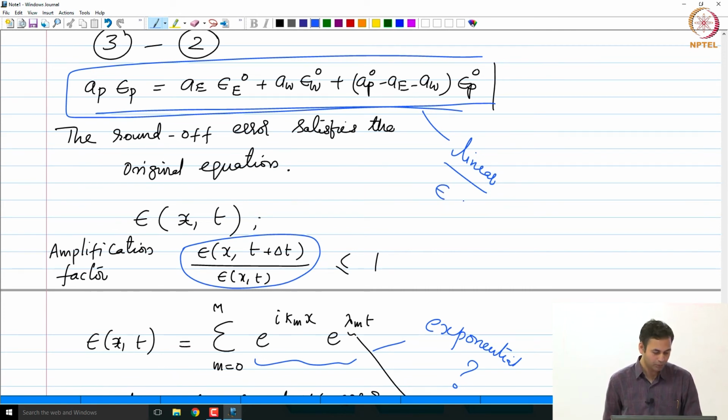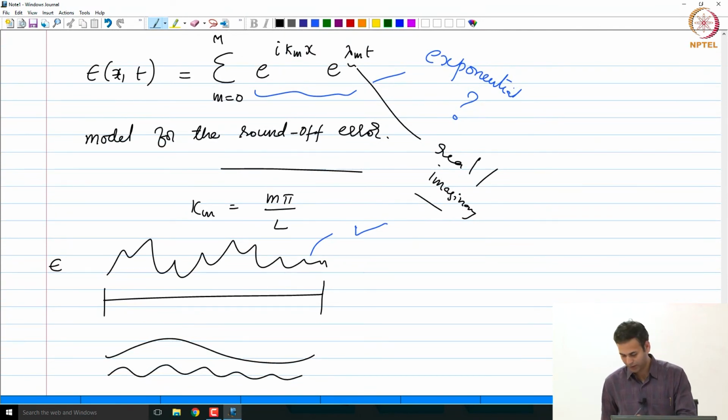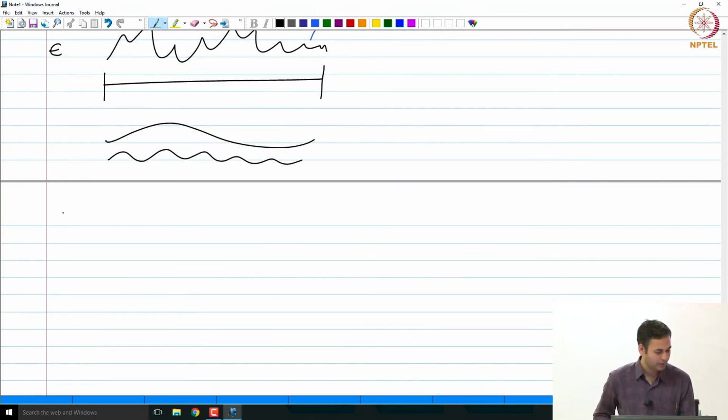Now, we said epsilon is composed of several modes, sigma m equals 0 to capital M. Because this equation is linear, we can use the theory of linear superposition, because the solution is linear, it will be a summation of all these solutions. I can use linear superposition theory because the equation is linear.